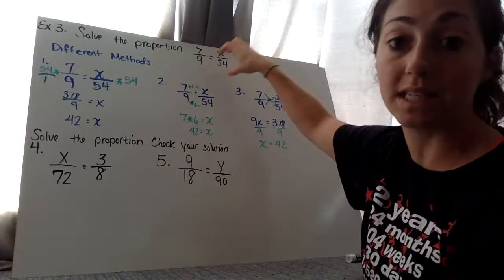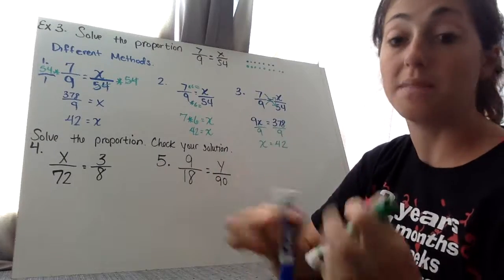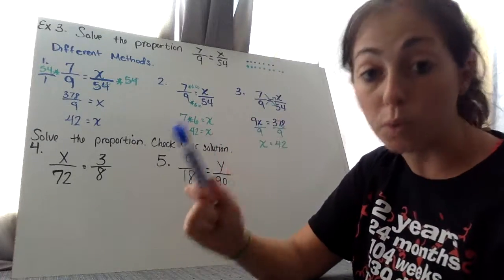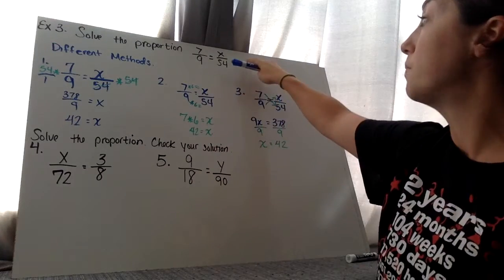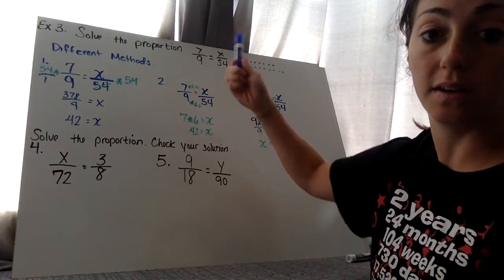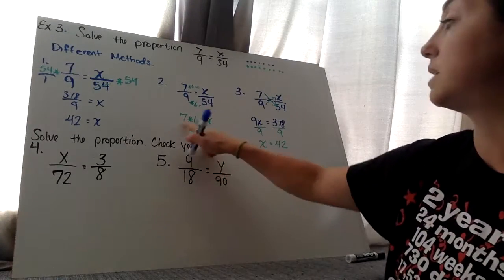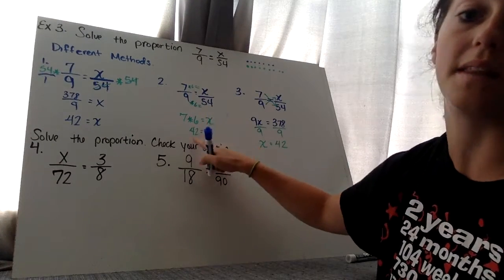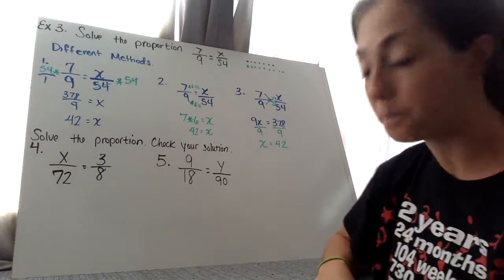Then I have to have 6 groups of the 9 green dots. That means I also have to have 6 groups of the 7 blue dots. So therefore, 6 times 7 has to give me my x. It has to be equivalent. So 7 times 6 is my x, and that's 42. Hey, look at that, same answer. Must be on the right track.